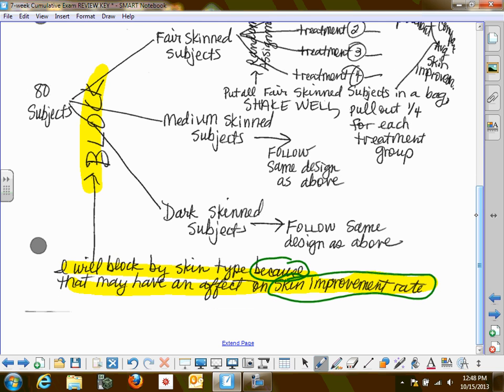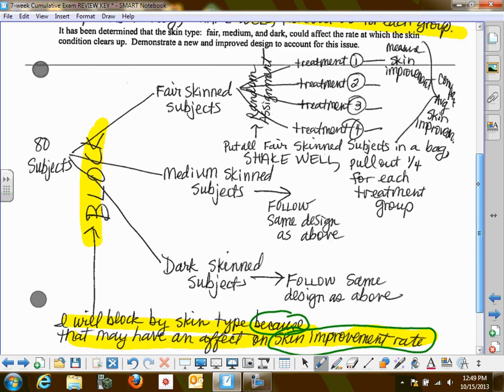Then it's wrong. Because skin type can affect the rate. So I don't want to compare a whole bunch of light-skinned people in a group against a whole bunch of medium-skinned people in a group because they have different amounts of melanin in their skin, which could affect the rate at which the skin condition clears up.